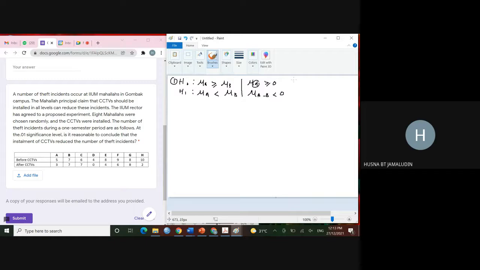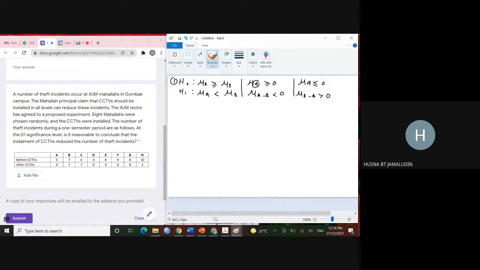Because you can also have something like this, like if let's say you want to put here mu before minus after. So before minus after, the signs will be different. We will assume that before, the number of theft cases should be bigger compared to after, right? So you can have mu difference, and then the sign will be smaller or equal than 0.